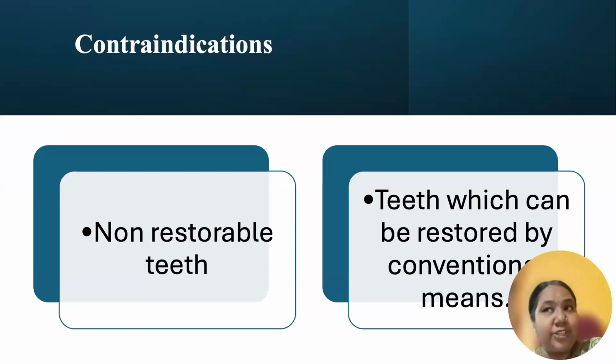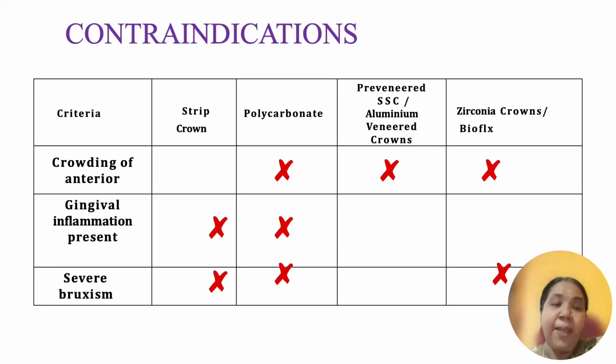So are there any contraindications? Yes, probably when the tooth is non-restorable, or when the teeth can be restored by conventional means. I would at this point say that there's no absolute contraindication for placing an aesthetic restoration. But in certain situations, certain types of aesthetic restorations may not be indicated.